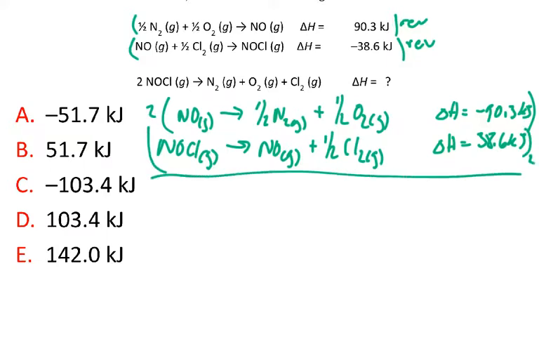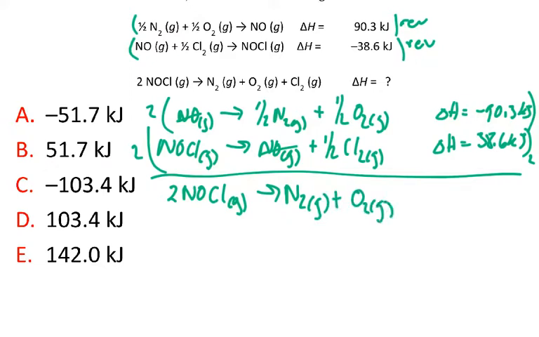That will get me, my NOs are going to cancel out. Then I didn't write a 2 there. So I will have 2 NOCl goes to N2, 2 times 1/2 plus O2 plus Cl2.